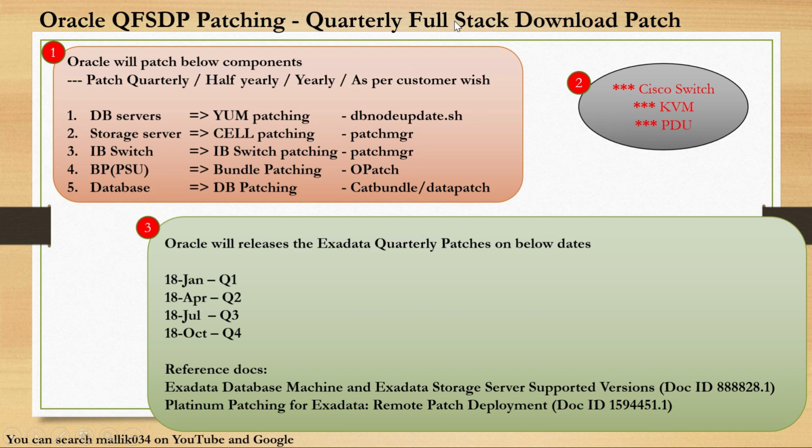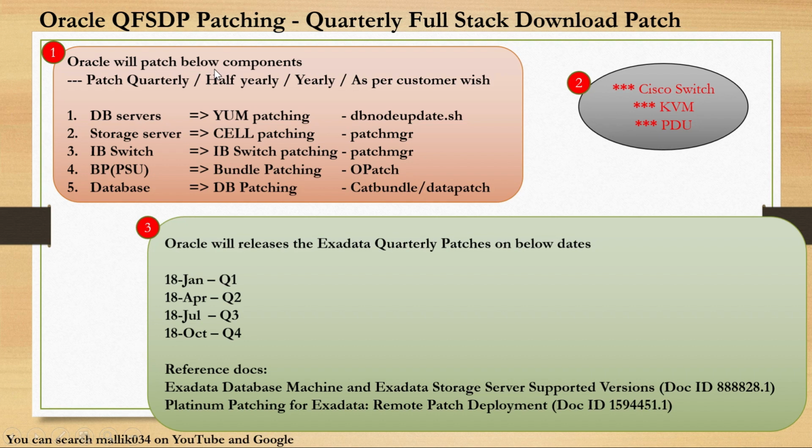That is why they call it QFSDP, quarterly full stack download patch. So for example, if I download the January patch, that is a single zip file, and it contains all the patches. That is why they call it a quarterly full stack download patch, bundled together in a single patch.